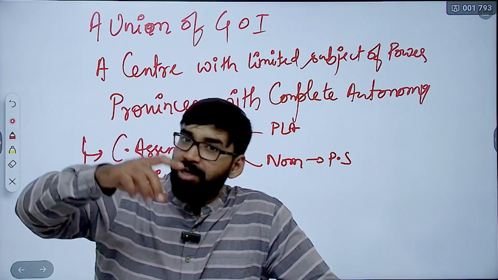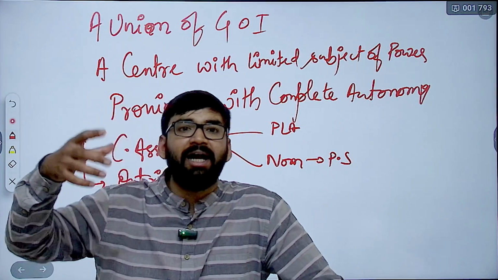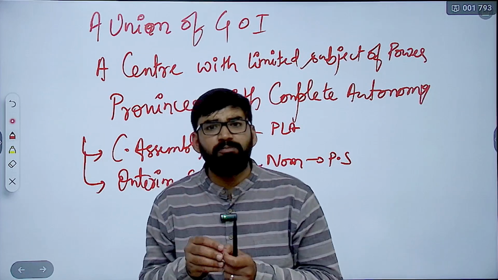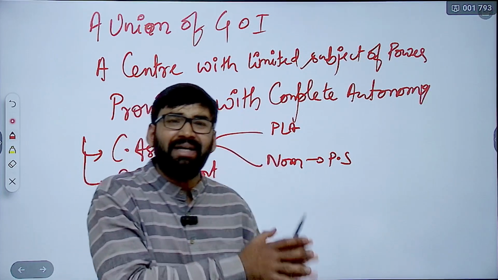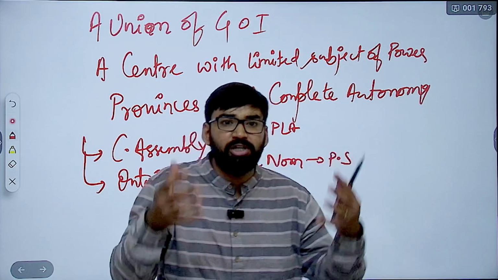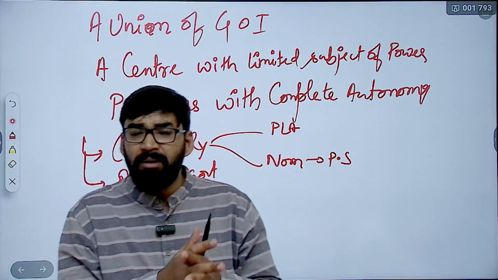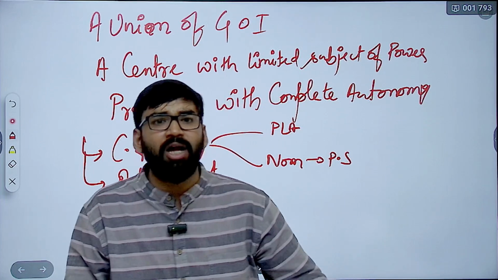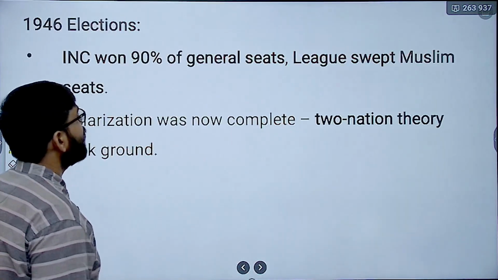Clear? So the Cabinet Mission Plan outrightly rejected the idea of Pakistan as it argued that creation of a small province of Pakistan would result in tremendous dislocation of resources, and this plan is not viable. And at the same time, in July 1946, elections were there.